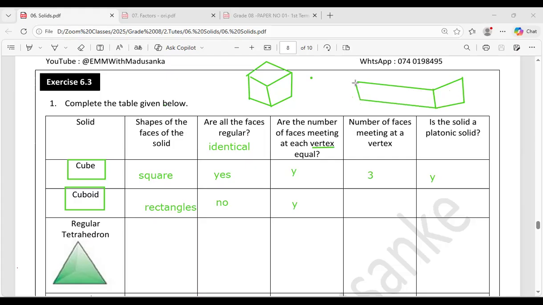This should be yes. This is my cube. I have dragged it elastically so that it becomes a cuboid. I have dragged this one to this one, right? The shape of the faces has changed.